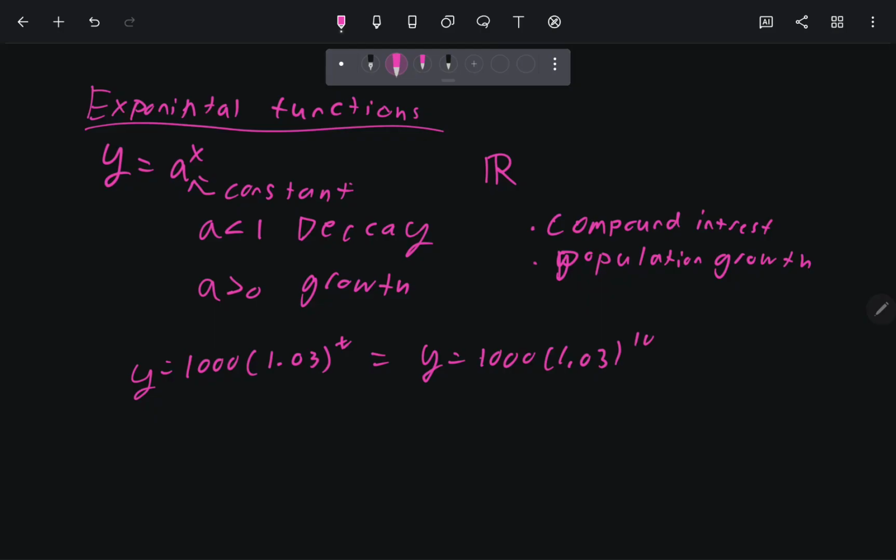And we would see that 1,000 times 1.03 to the power of 10 tells us that in 10 years, I'm going to have $1,343.92 in my bank account. Looks like I got $343.92 just from letting my money sit there.